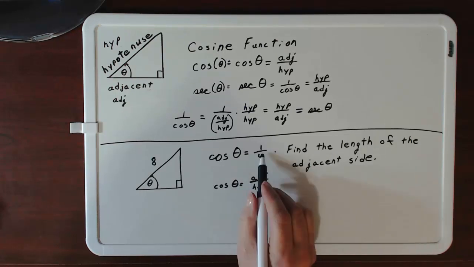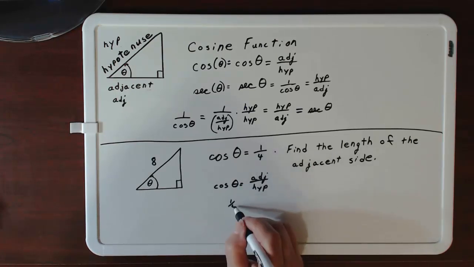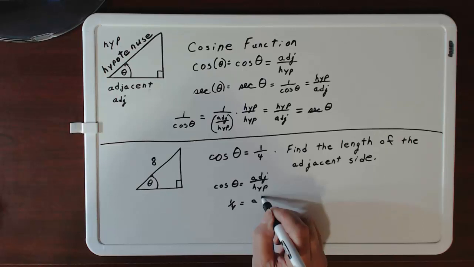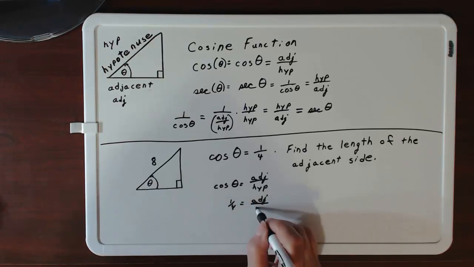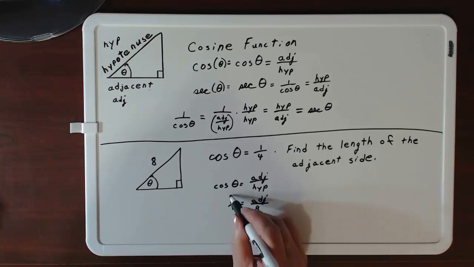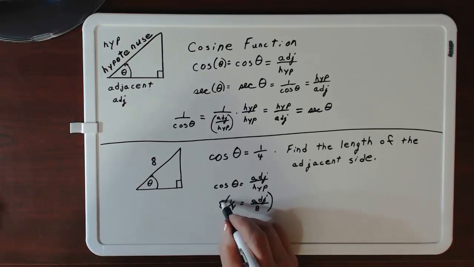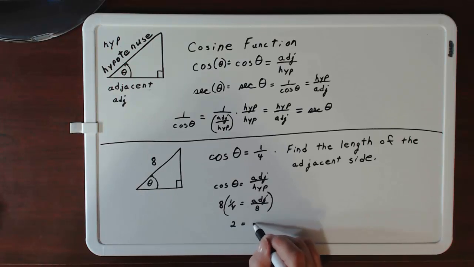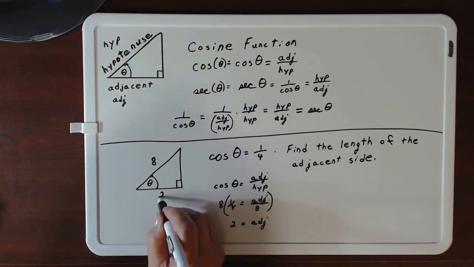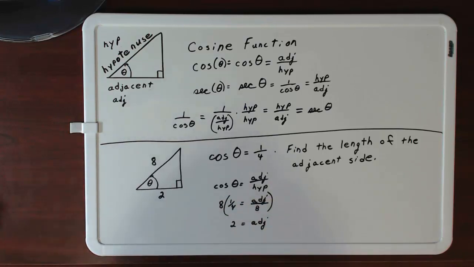So for here, we know that the cosine of theta is 1/4, and then we're looking for the adjacent, and the hypotenuse is 8. If we multiply this equation through by 8, we have 2 equals the adjacent side. So now we know the adjacent side measures 2.